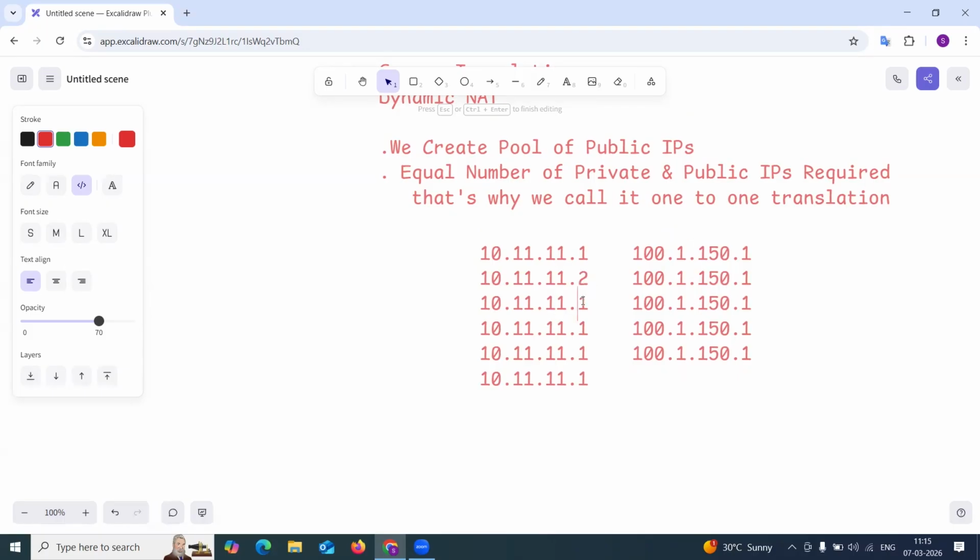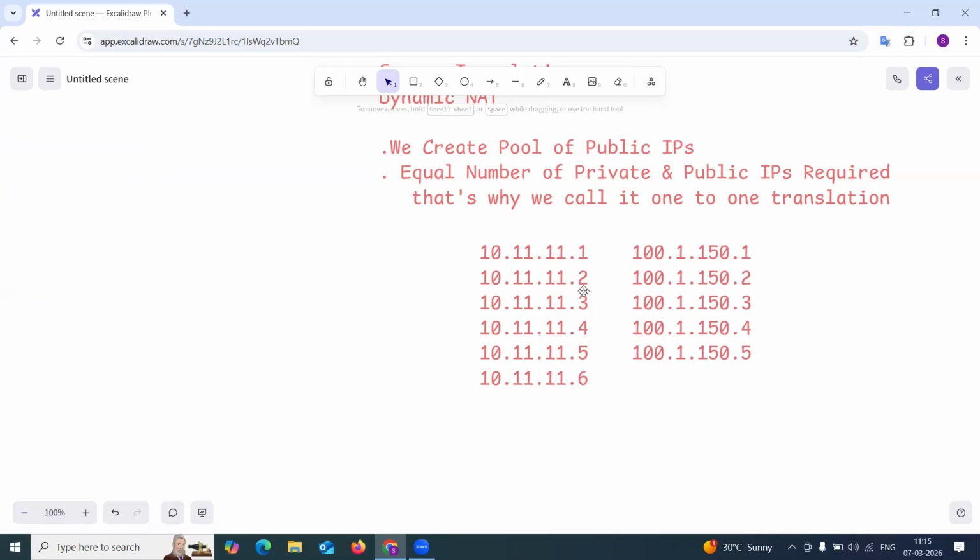Let's say this is 2, 3, 4, 5, and 6. Okay, this is also 2, this is 3, this is 4, and this is 5. Understand how many public IPs I have taken here? 5. How many private IPs? 6. Okay.